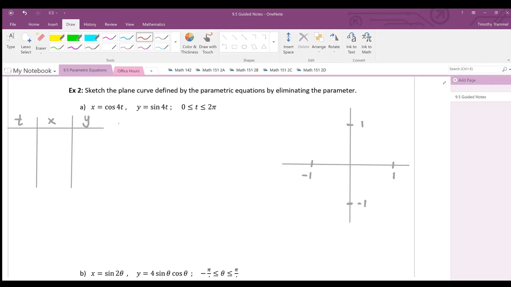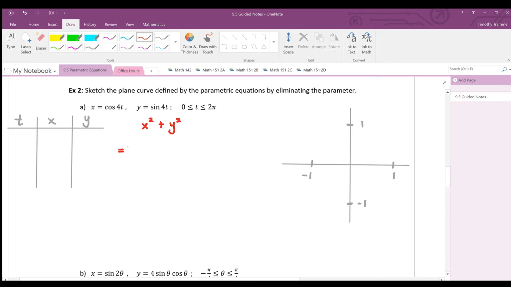Okay. Now let's see why. Let's start off by maybe just thinking about what would happen if we were to take x and square it, and take y and square it, and then add these things together.